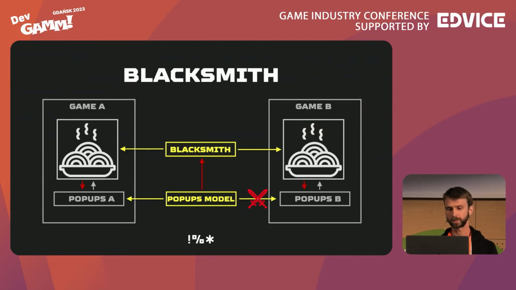In this case, if we would like to put our blacksmith module into our second game, we don't have guarantee that the pop-up system made in this game may not result in conflicts, because the second pop-up system may not depend on the pop-up data and error pop-up data which we require right now, right? So it's better way to resolve such case.